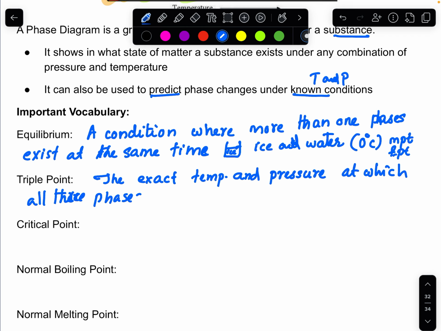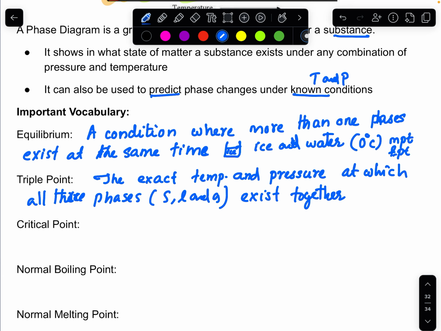Solid, liquid and gas, exist together. They are all in equilibrium.